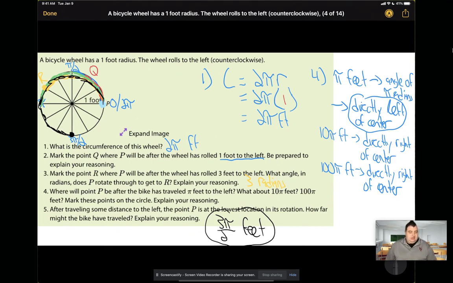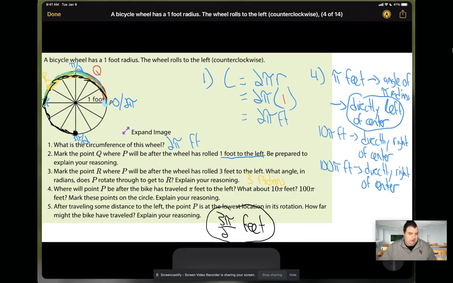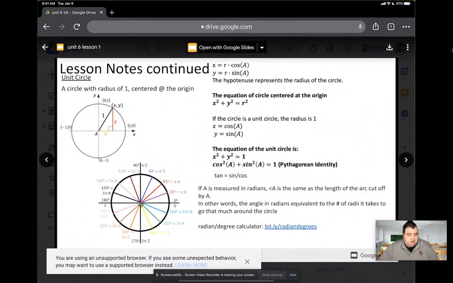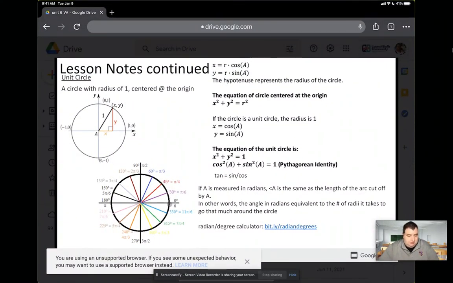So to reiterate the point of this lesson, it's introducing the fact that with these angles, 0 radians is directly right of center. That's our starting point. 90 degrees, pi over 2, is directly up from center, and so on. It's introducing that and the concept that the angle is equivalent to the length of the arc.